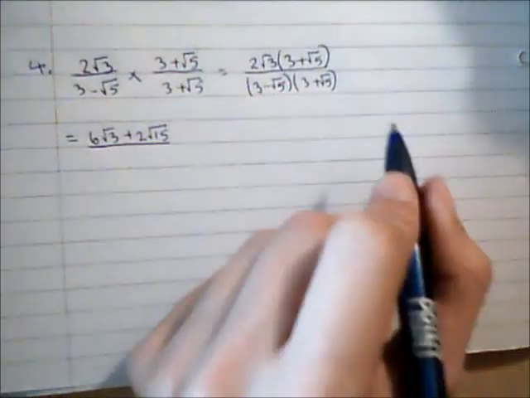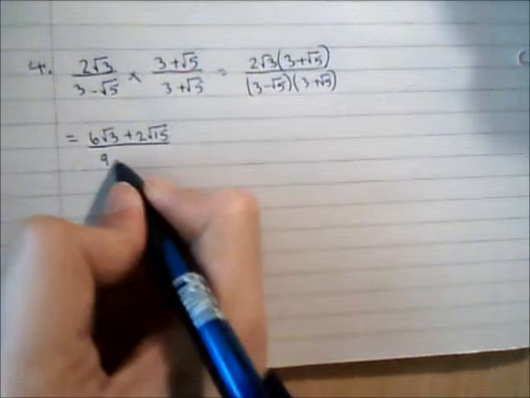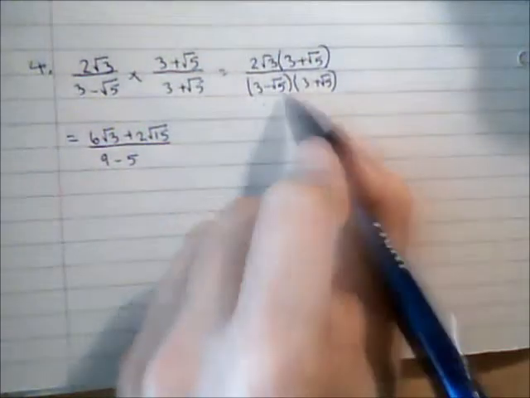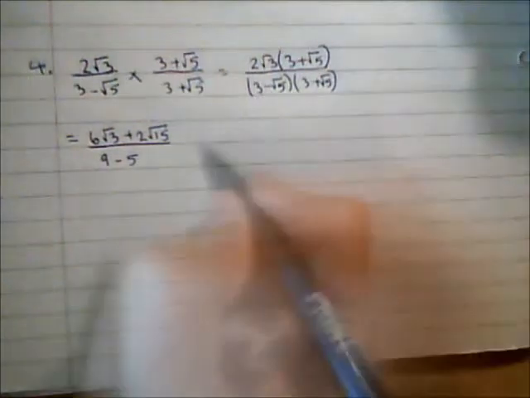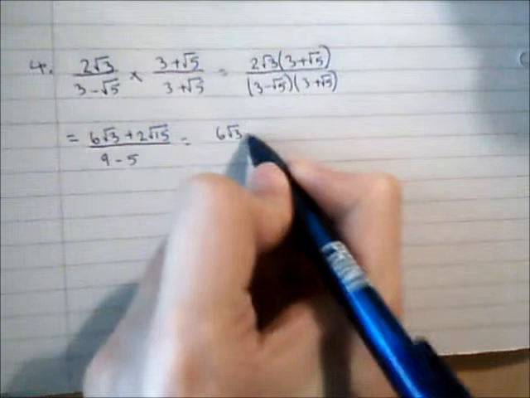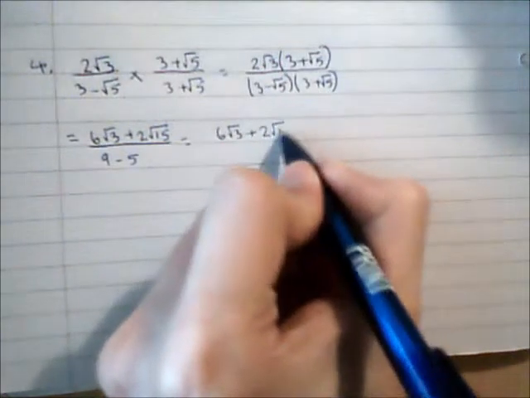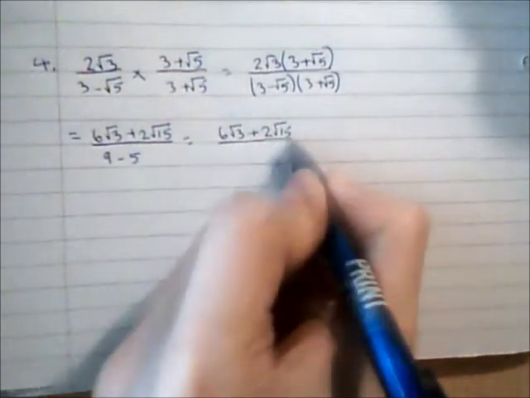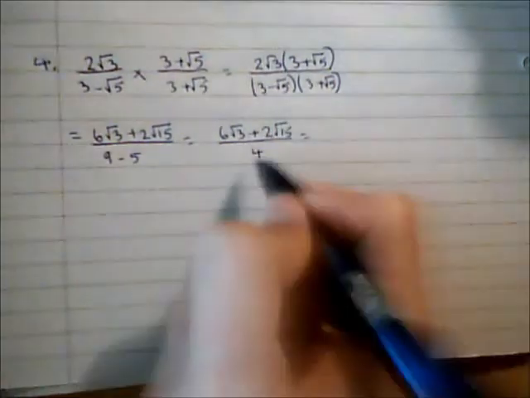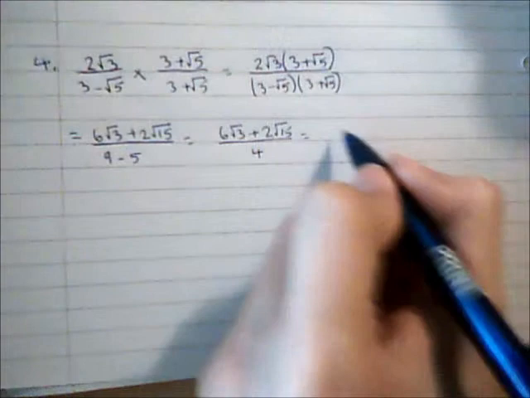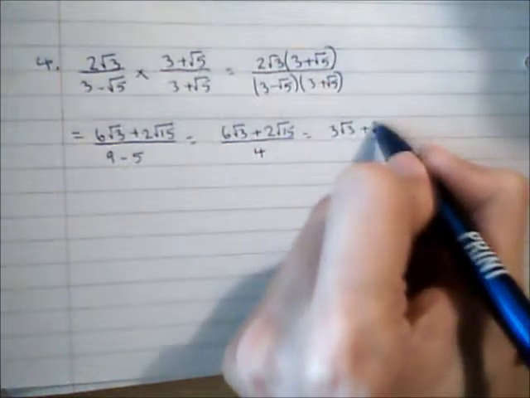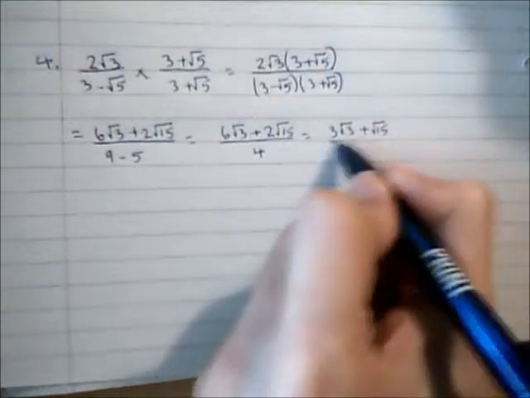And then the difference of 2 squares, I get 9 minus 5, since I've done 3 squared, subtract root 5 squared. So that will simplify to 6 root 3 plus 2 root 15 all over 4. And then I've got 2 as a common factor, so I'm going to simplify that to 3 root 3 plus root 15 all over 2.